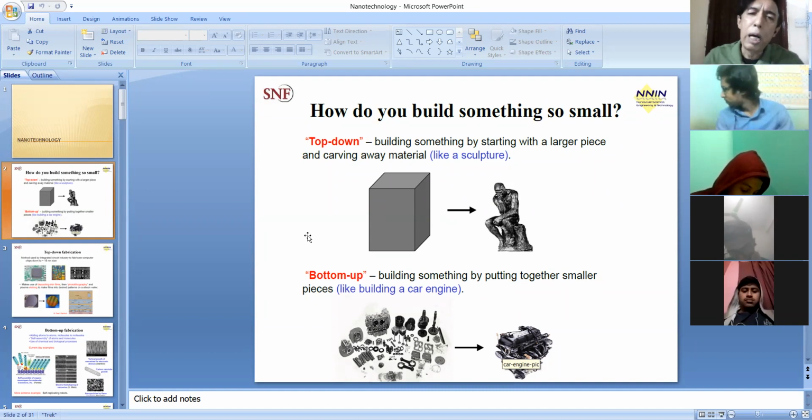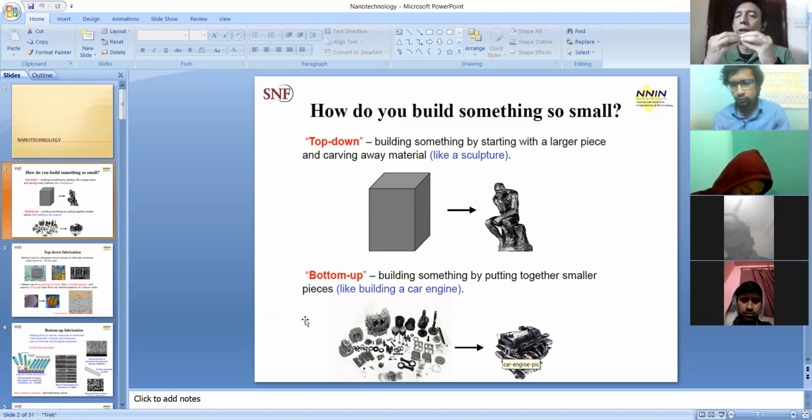Now, among the top-down and bottom-up processes, the bottom-up process is very popular because in the bottom-up process we do not have any wastage of material. We arrange atoms one by one, and when 50 atoms are gathered together, we stop there. That is a bottom-up process.